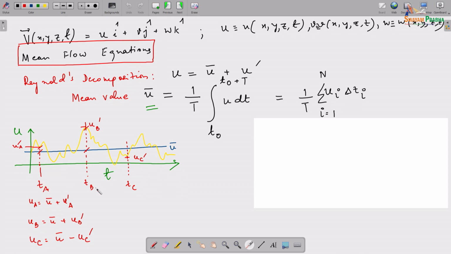I took A, I took B, I took C. And the point is, how long will I do that, right? So I will make sure that I capture a sufficient number of fluctuations. For example, what if I just looked at this much? Do you think it would give me a very nice idea?